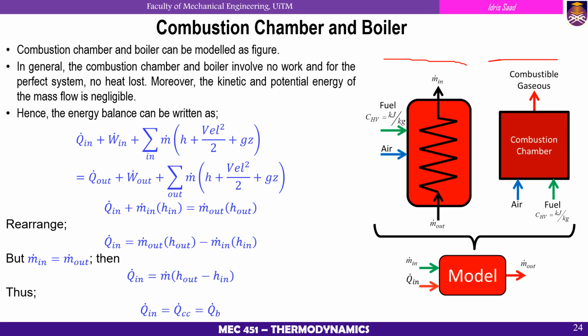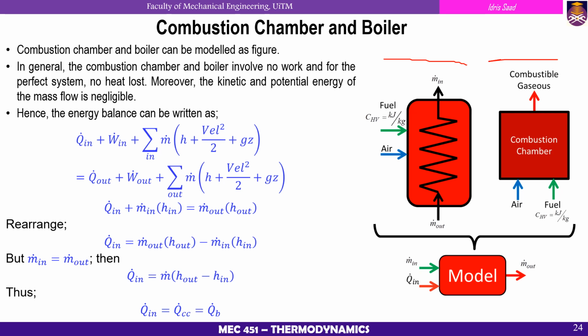For analysis purposes, the combustion chamber and boiler involve no work, and for the perfect system, no heat loss. Moreover, the kinetic and potential energy of the mass flow are also negligible.